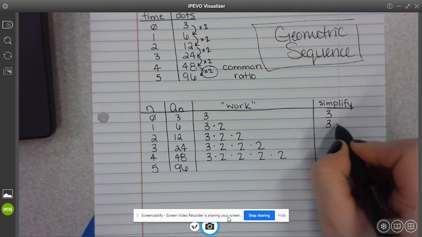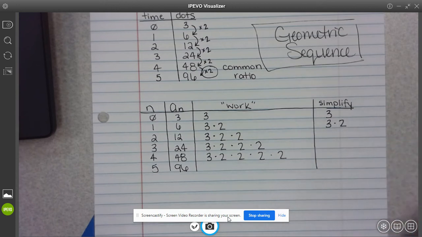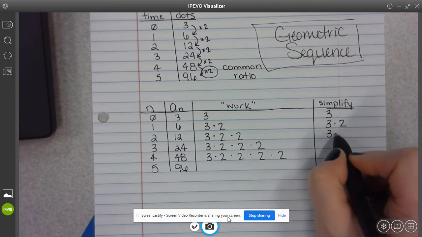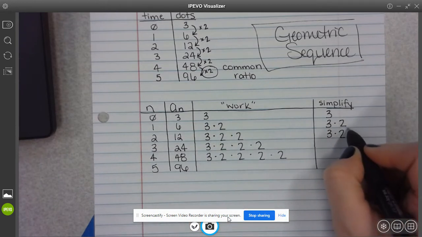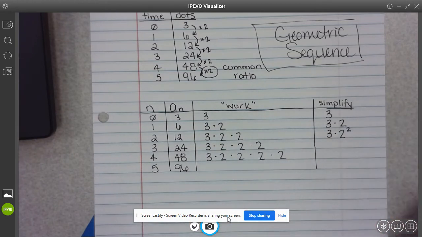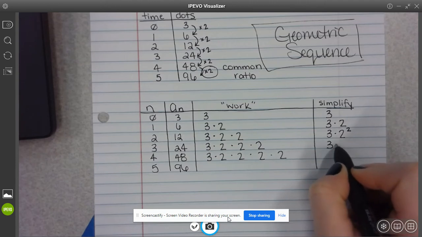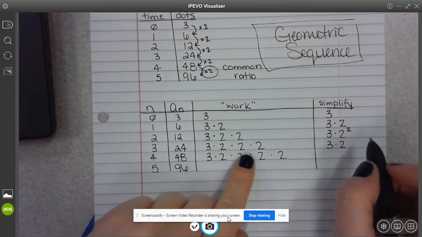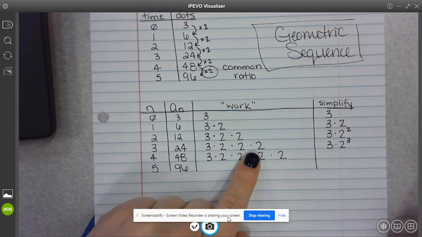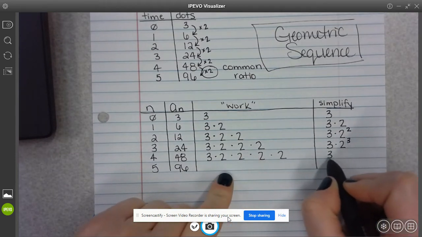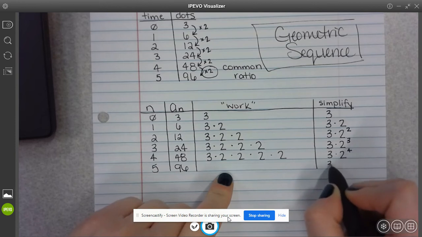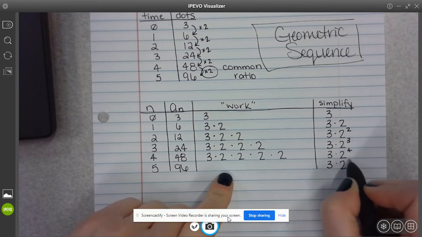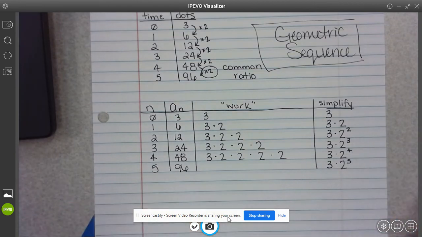This is 3 times 2. This is 3 times 2, and there's 2 of them, so it's squared. This would be 3 times 2, and there's 3 of them, so that would be cubed. Here it would be 2 to the 4th, and if I wanted to keep going, this would be 2 to the 5th.